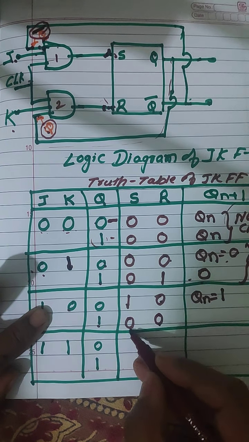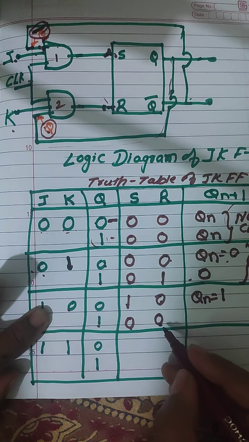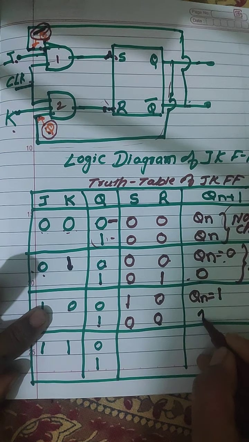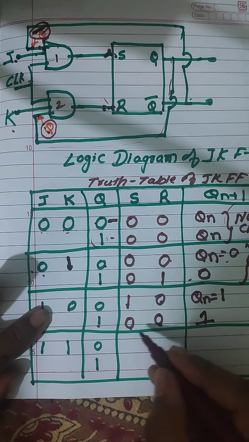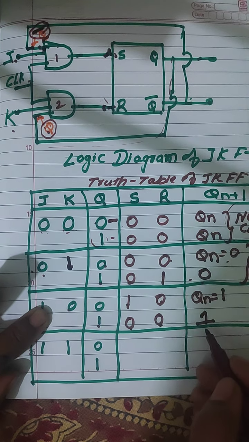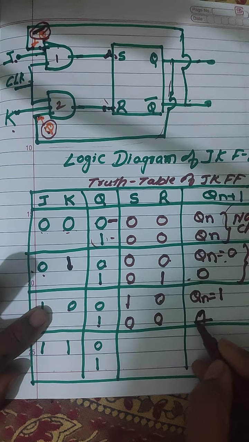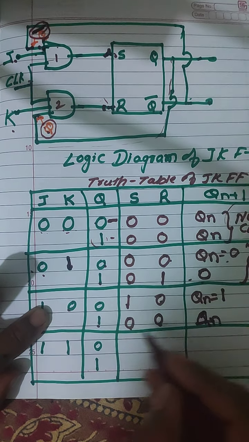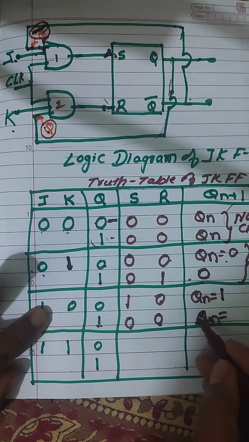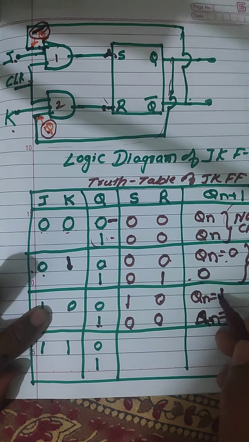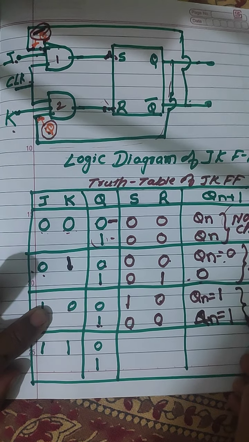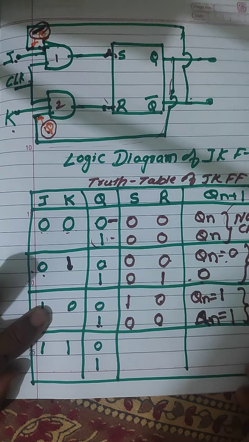And when 0 and 0 are the inputs, what is the output? When both S and R are 0, 0, we are going to have Qn. What is Qn? Qn is 1. So finally it is 1. We can call it set.